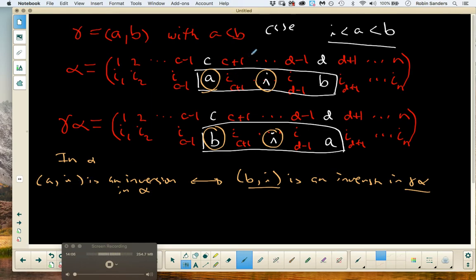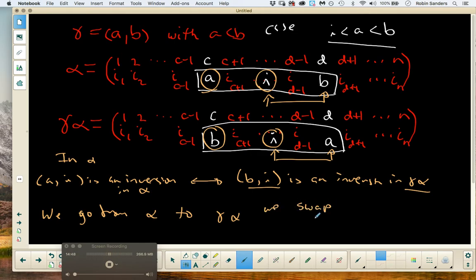Now, what I also want to notice is that IB is not an inversion up there, and IA is not an inversion down here, because I is smaller than both A and B. So basically, when we go from the inversion list for alpha to the inversion list for first do alpha, then do gamma, we're basically going to swap the inversions that look like AI for inversions that look like BI.